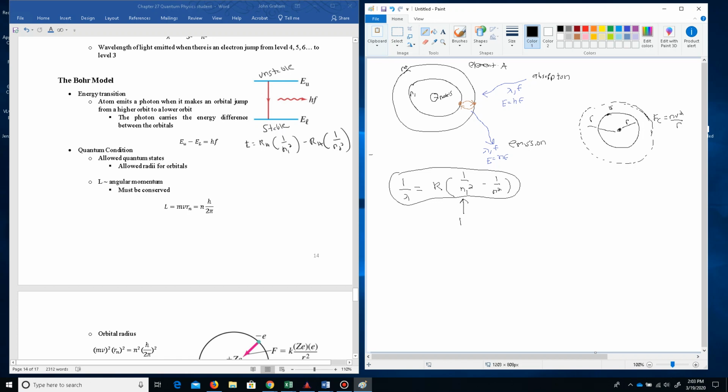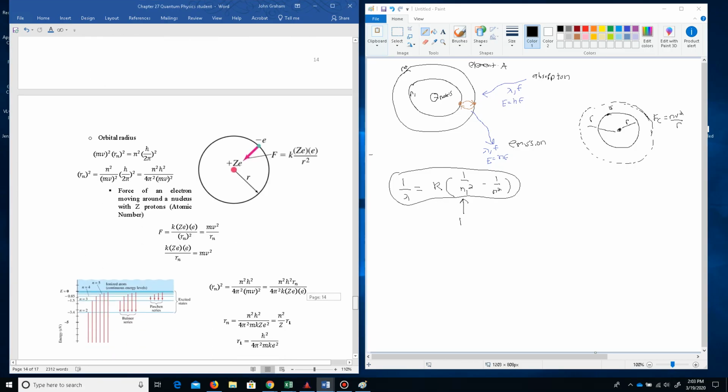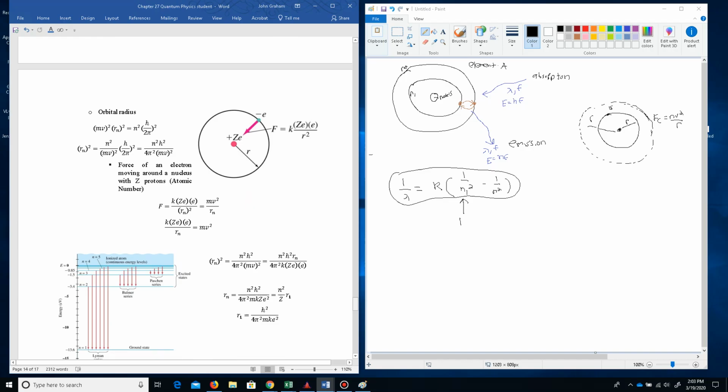And then the orbital radii, we can look at these. If we look at this force here, this is the force between that nucleus and that electron. So we have Z being the number of protons times the electron, and then that one specific electron moving about. And this is the electric force.